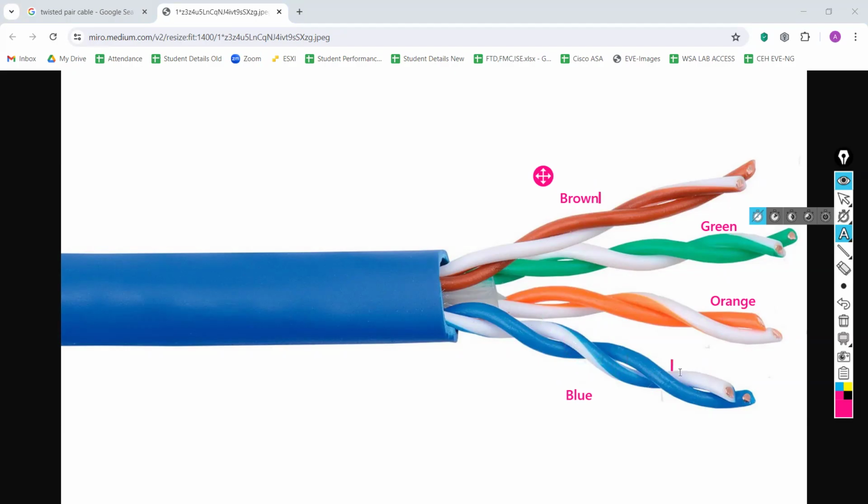So this one is blue, and this one we'll call it white blue. Same way, orange, white orange, green, white green, and brown, white brown. This is your twisted pair cable.